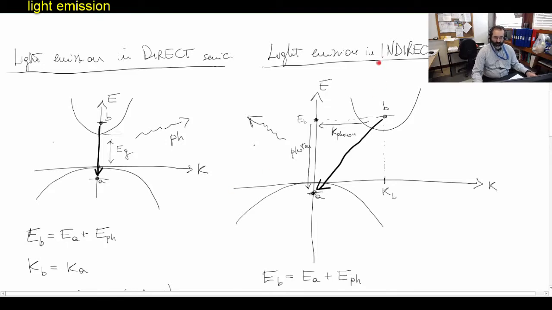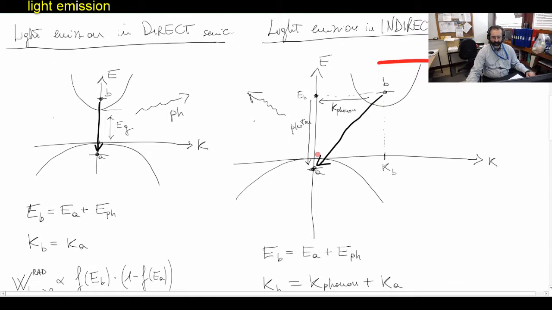For indirect semiconductors, we have again something similar to yesterday, only the transition is now reversed. Our electron is here, and it wants to recombine with a hole that is here, so the transition is this one. We need to involve the phonon that will provide the momentum equal to the mismatch between KB and KA.